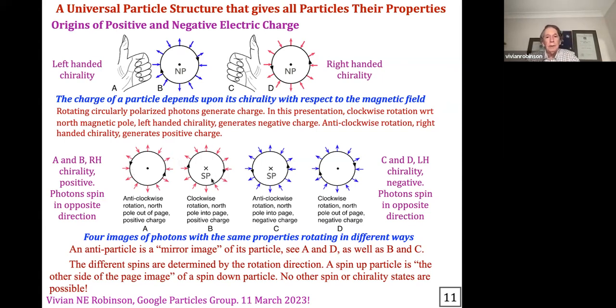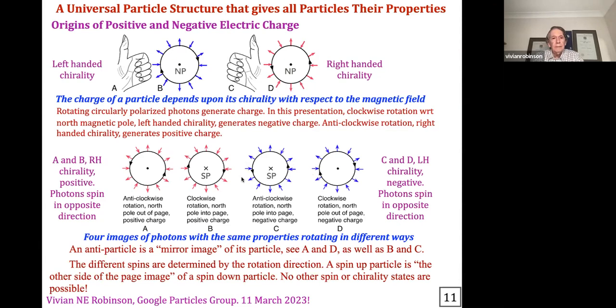They are both positive charge. With the North Pole pointing out of the page and the photon rotating clockwise, you have a negative particle. And the same thing with the reverse: when the South Pole is pointing out and the North Pole is pointing in, the direction of the electron flow is anti-clockwise, and again, it will generate a negative charge.